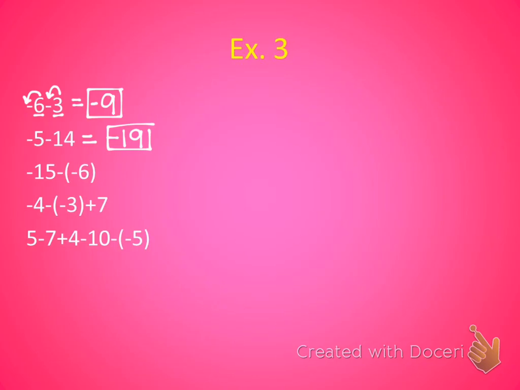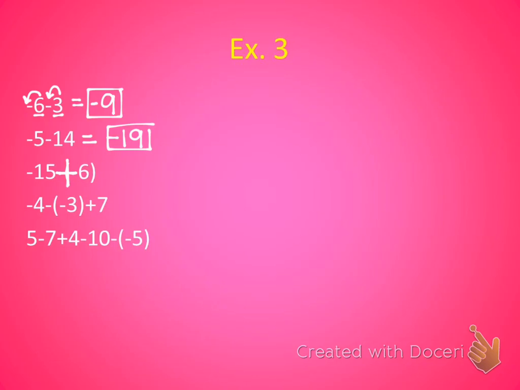Okay. Here we go. We've got a little curve ball coming our way because I have negative 15 minus negative 6. Now, anytime you see two negative signs directly beside each other, this is what you're going to do. Take it and change it to a big plus sign.